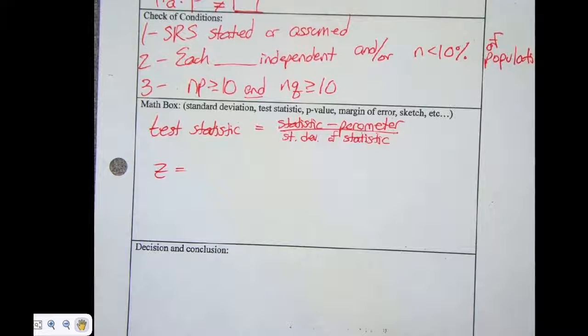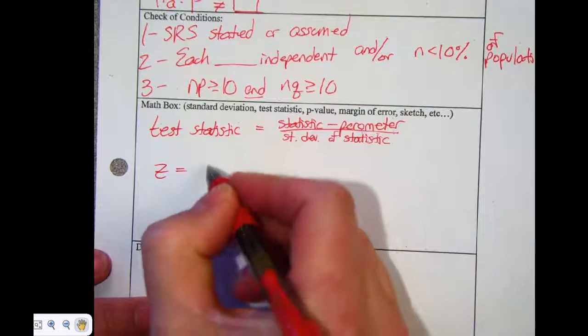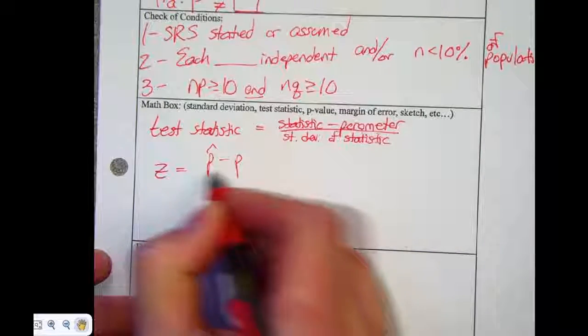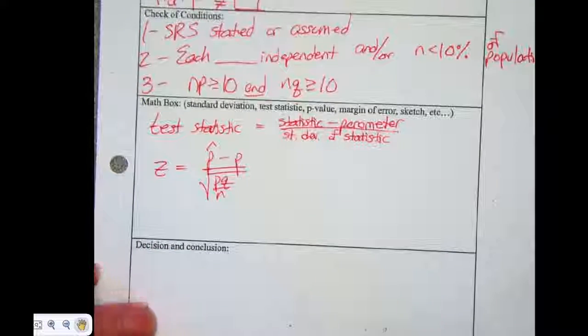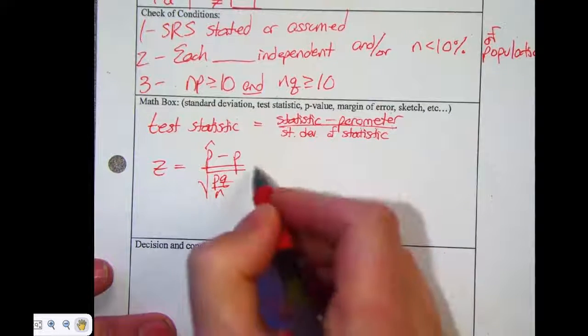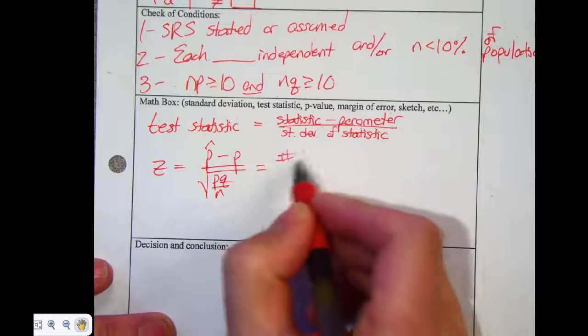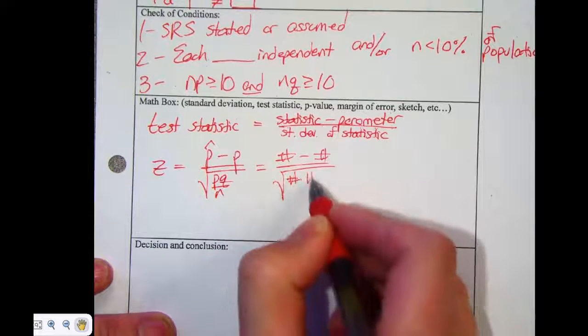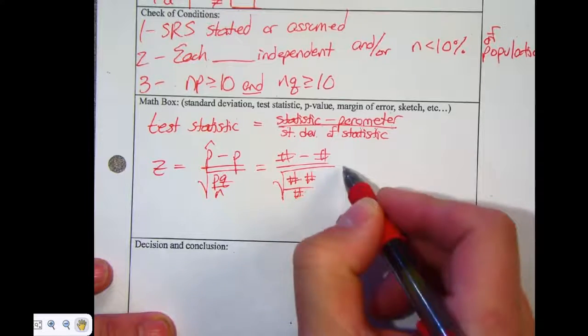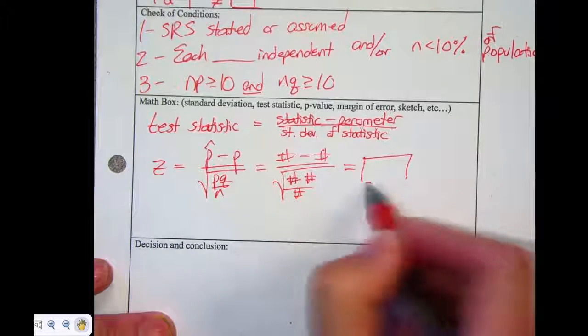Proportions are always Z. So just remember that. So it's P hat minus P over the square root of PQ over N. Then put numbers in those spots, and you get a Z-score.